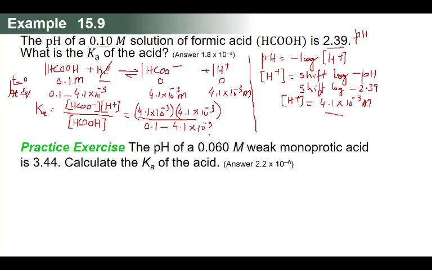So this will give you the answer. Answer is 1.8 times 10 raised to the power minus 4. So this is the answer.